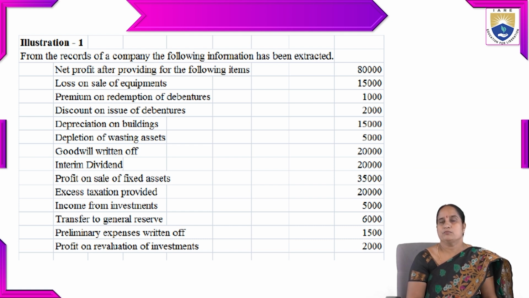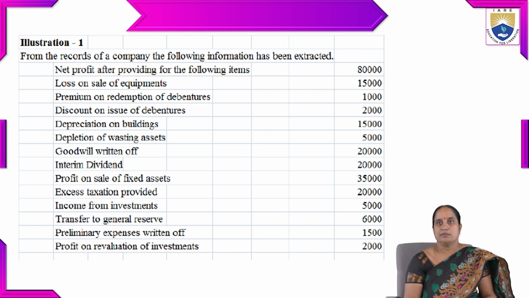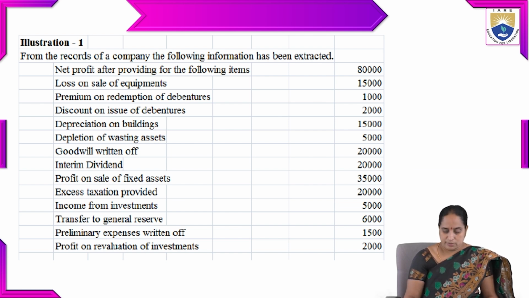Net profit after providing the following items: 80,000, loss on sale of equipment 50,000, premium on redemption of debentures 1,000, discount on issue of debentures 2,000, depreciation on buildings 15,000, depletion of wasting assets 5,000, goodwill written off 20,000, interim dividend 20,000, profit on sale of fixed assets 35,000, excess taxation provided 20,000, income from investments 5,000, transfer to general reserve 6,000, preliminary expenses written off 1,500, profit on revaluation of investments 2,000.